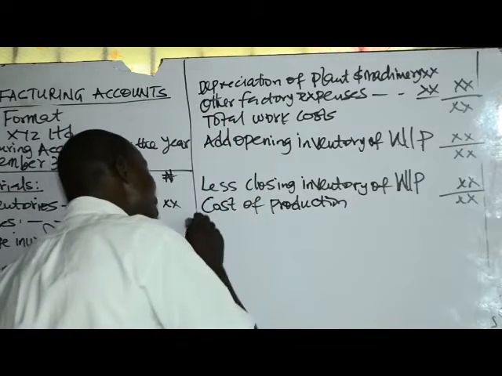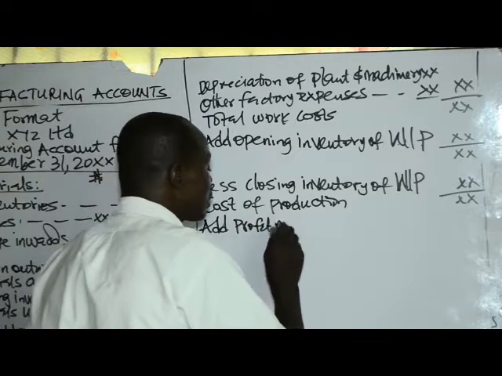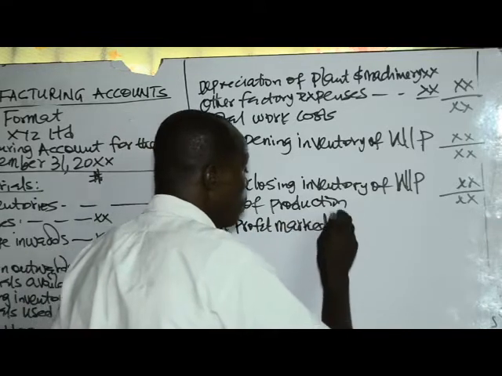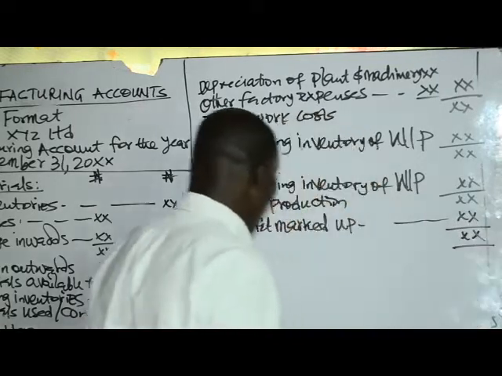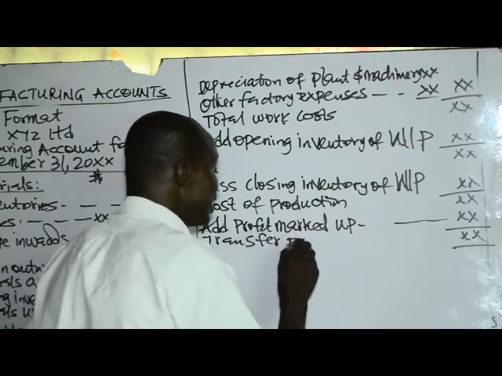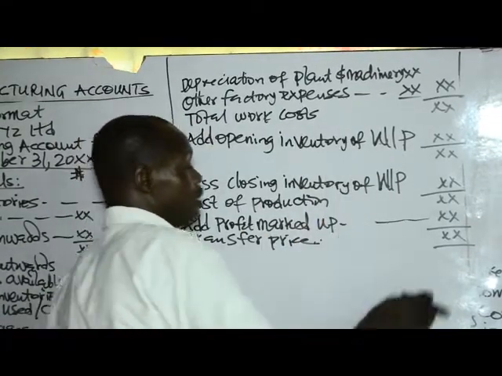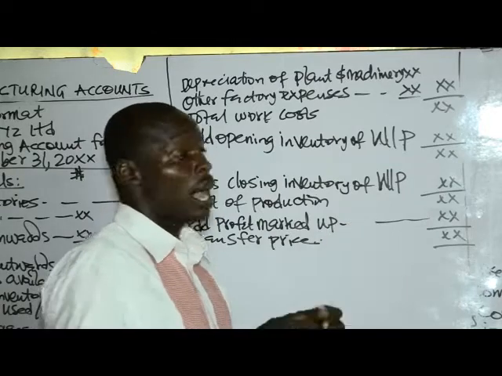You now add profit markup. You add a profit markup, if any, you get the transfer price. Transfer price, that is amount to be transferred to the statement of profit or loss account.